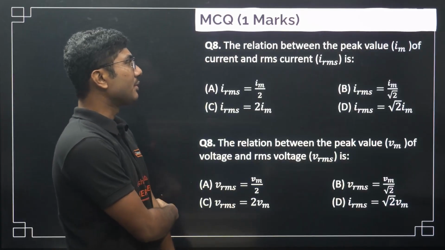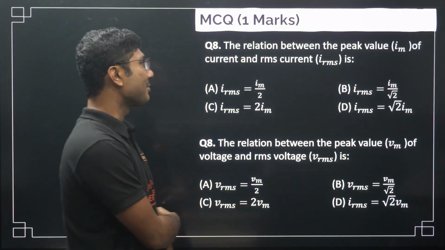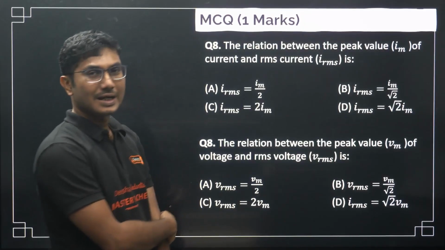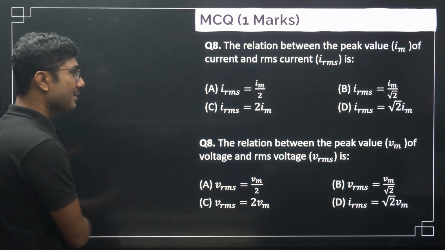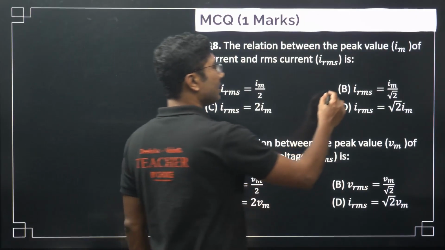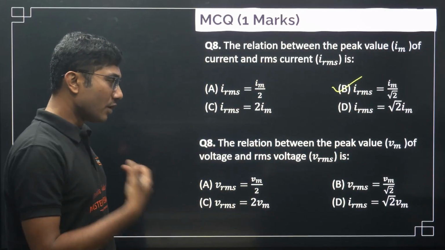The relation between peak value Im of current and RMS current is. So what is the relationship between peak current and RMS current? We know that RMS current is equal to peak current divided by √2. So this is the relation here. Now the same question can come with voltage as well.